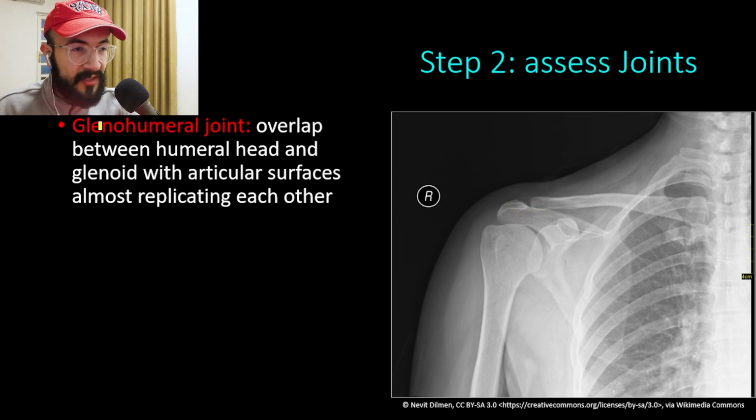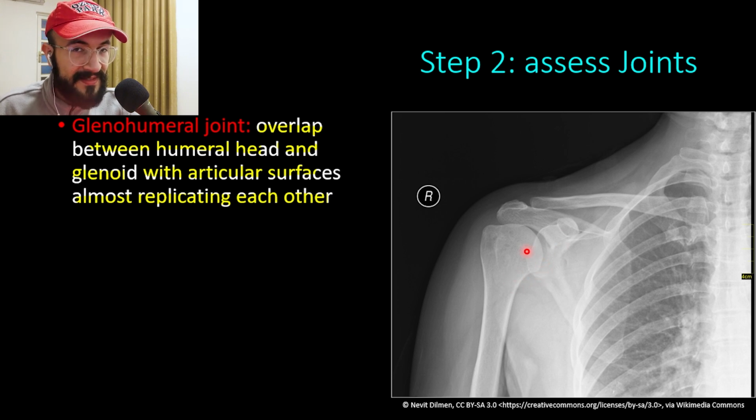So we start with the glenohumeral joint, and there is an overlap between the humeral head and the glenoid, with the articular surfaces almost replicating each other.